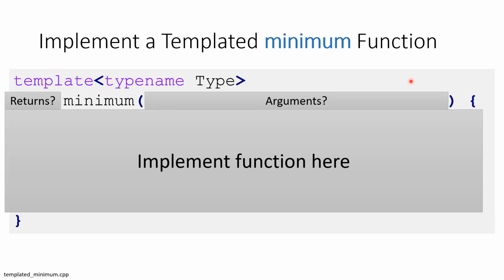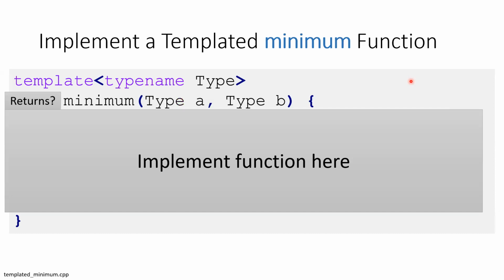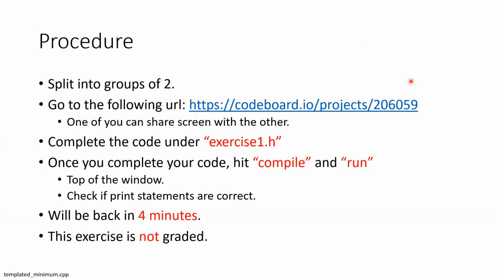And next, I will ask you to implement a template minimum function that takes in type A and B of the same type and returns the one that has the minimum value of the same type. So I will be asking you to split into groups of 2, or if you want to do it individually, you can.